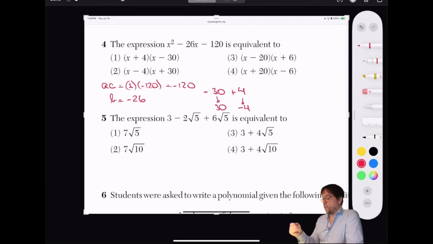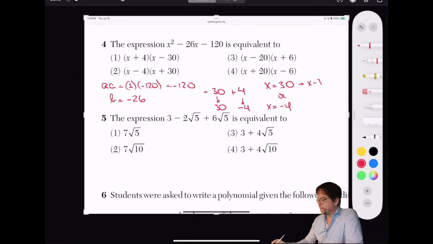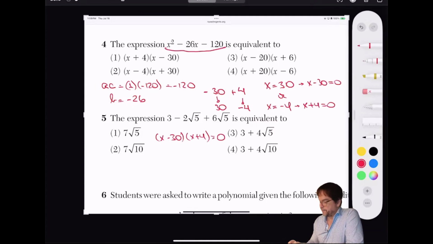Okay? But I want it in the factorized form. It's x is equal to 30 or x is equal to minus 4. X minus 30 is equal to 0. X plus 4 is equal to 0. So x minus 30 times x plus 4 is the factorized format. So this is exactly what we have here. So the number 1.